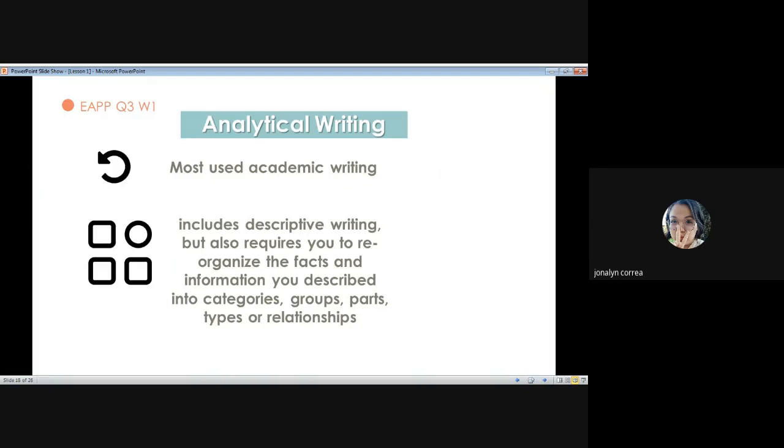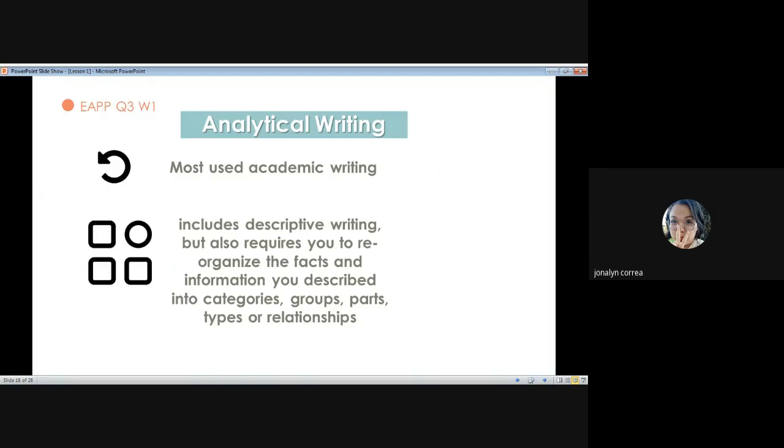Sometimes these categories or relationships are already part of the discipline, while in other cases, you will create them specifically for your text. For example, for ABM, accounting terms and business management terms, those are the two categories.